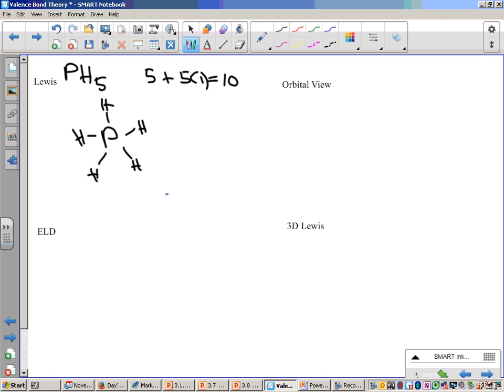So I'm going to do my analysis like I do. I'm going to have 5 bond pairs and 0 lone pairs, which means I have 5. And because it's in the 3rd row and below, I'm allowed to have s, p3, and a d.